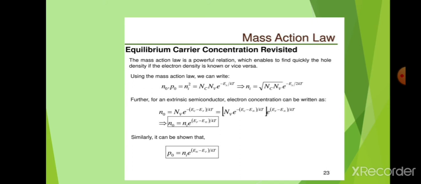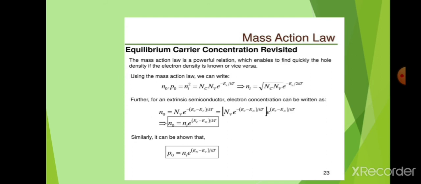Here we can see that Nv and Nc have fixed values, and in our case Nv is given by 2 into (2 pi m kT by h cross square) to the power 3 by 2. The integral is in standard form, and it becomes n is equal to Nc.